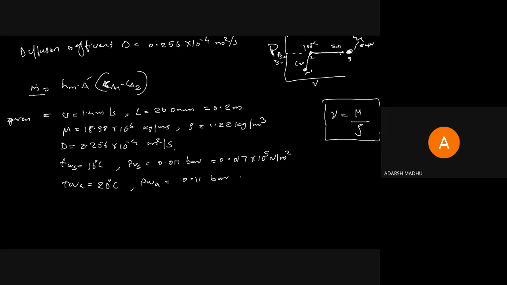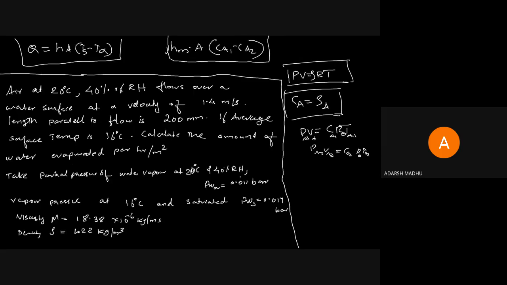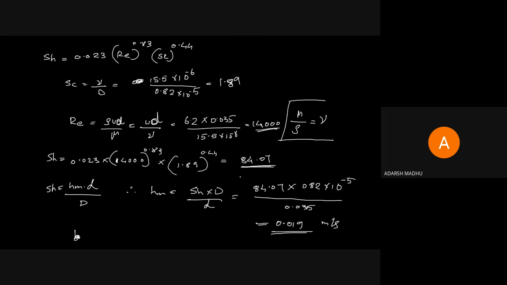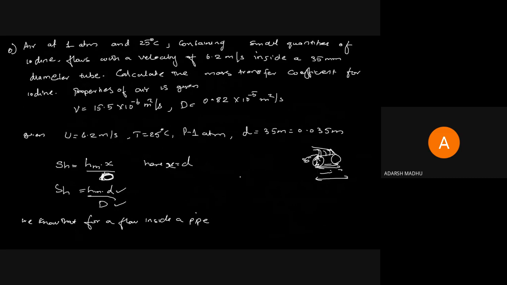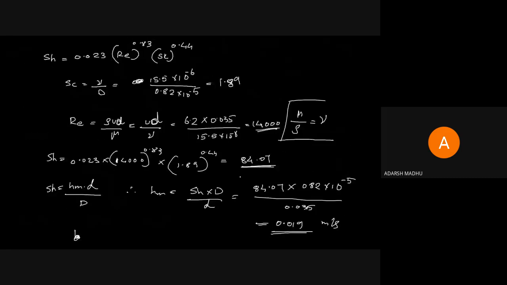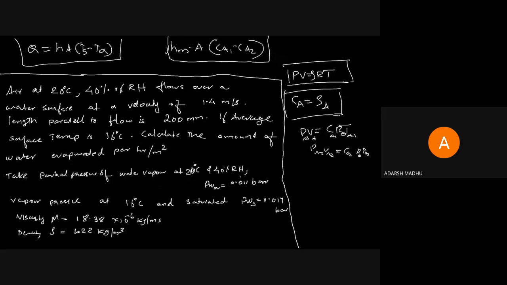To find the heat transfer rate, m equal to hm into A into (CA1 minus CA2), you first want to find the value of hm using the equation we used in our last question. For the last question it was flow through a pipe. But this is a question of flow over a flat plate.